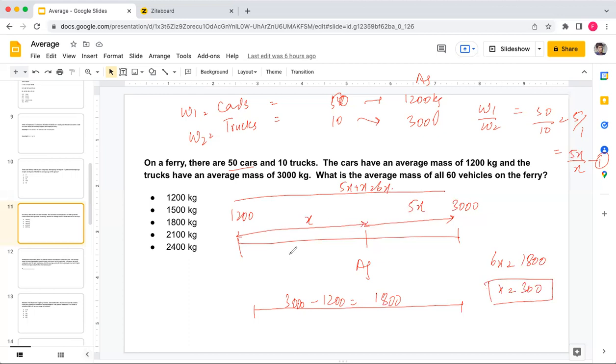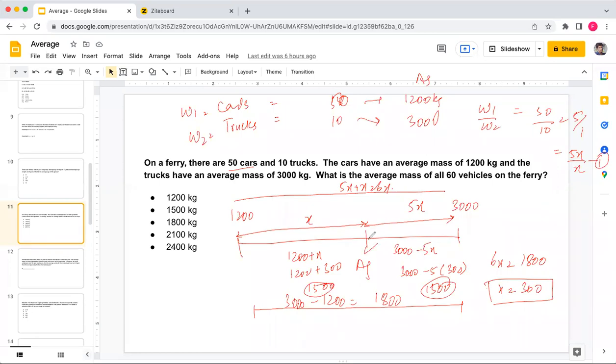AG is 1200 plus x, which is 1200 plus 300, equal to 1500. You can also do it this way: 3000 minus 5x, which is 3000 minus 5 into 300, which is also 1500. So in both ways, you get the average, which is 1500.